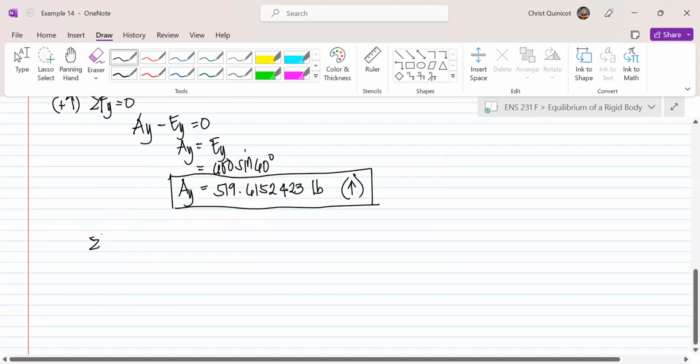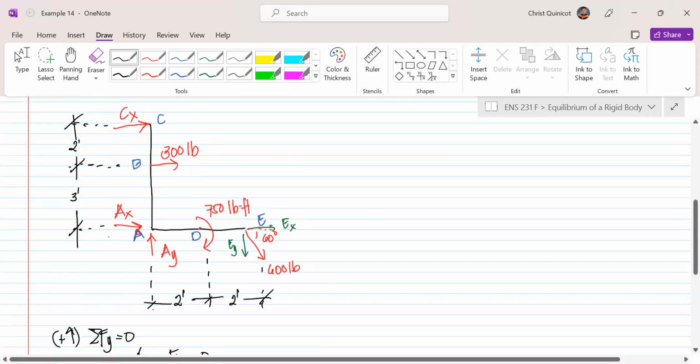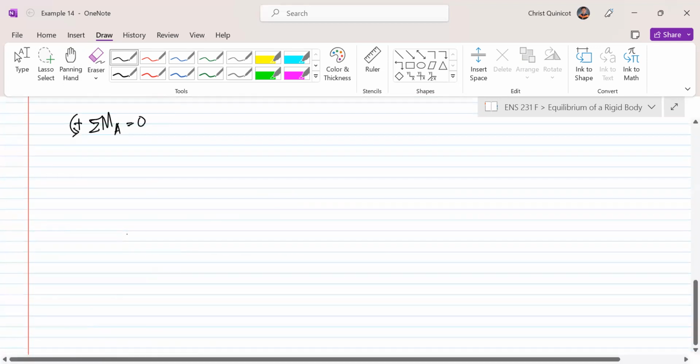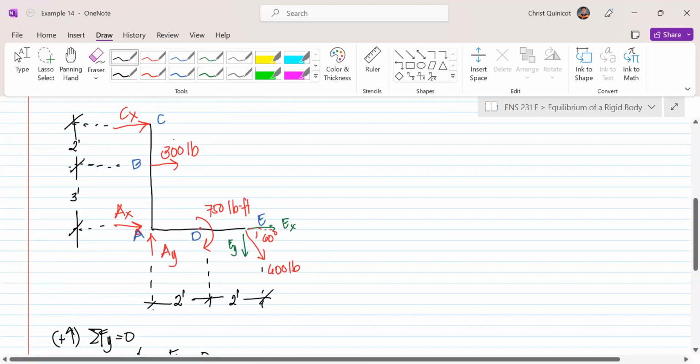So summation of moment at C is equal to 0. At A, sorry. Summation of moment at A is equal to 0, assuming counterclockwise positive. Since we assume that C sub x is going to the left, with respect to point A, C sub x creates a clockwise moment at A. So that is negative C sub x, and its perpendicular distance from A is 3 plus 2 feet.